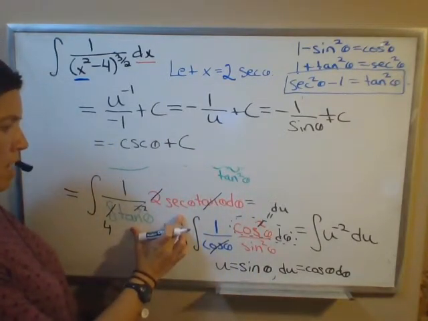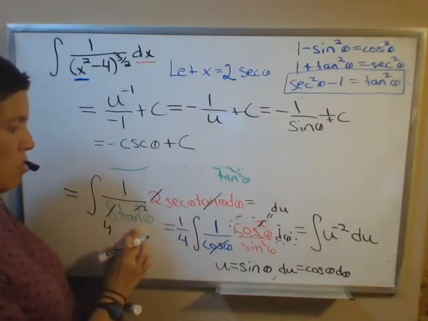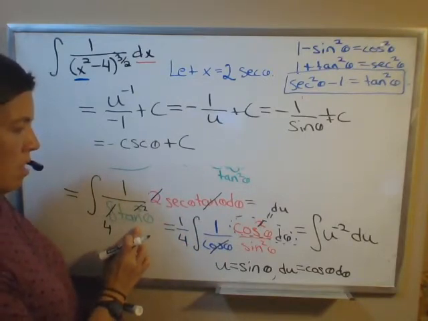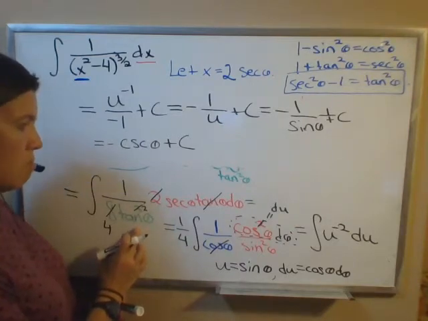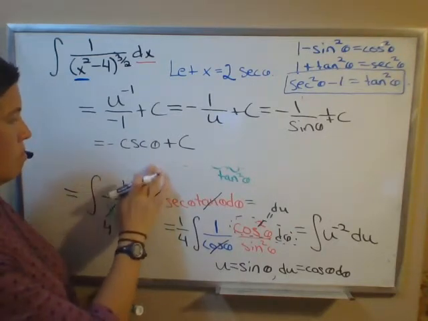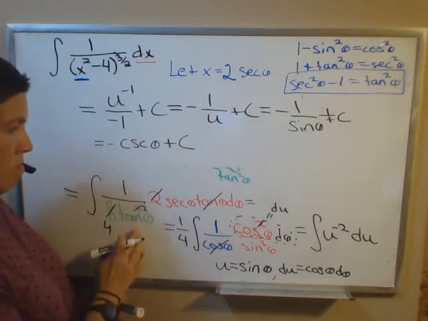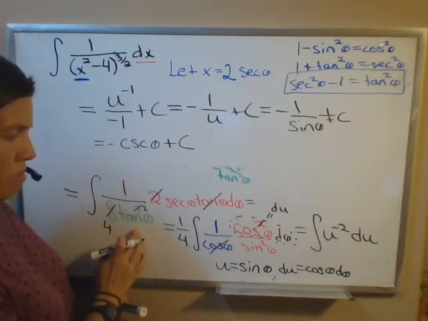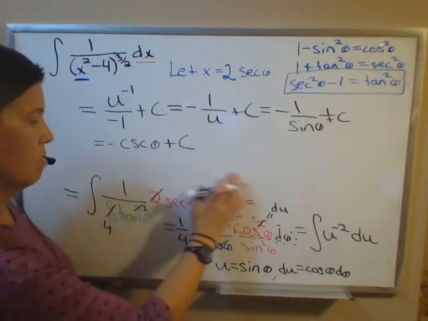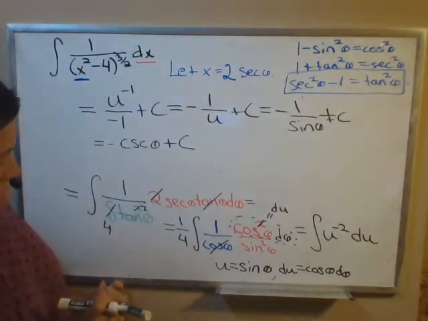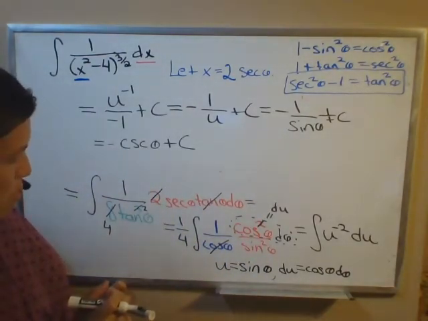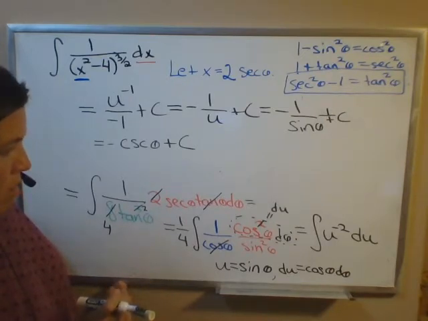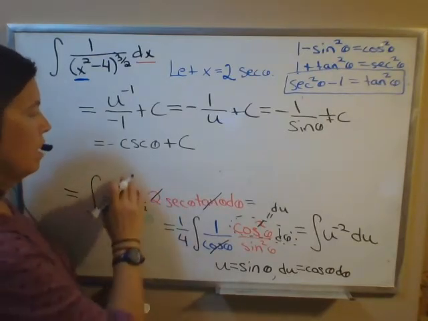So we had secant theta over tangent squared theta, and I said that's equal to cotangent squared times secant. I just want to double check because I'm a little surprised how this is working out. It looks good, we're fine. Okay, negative cosecant theta.